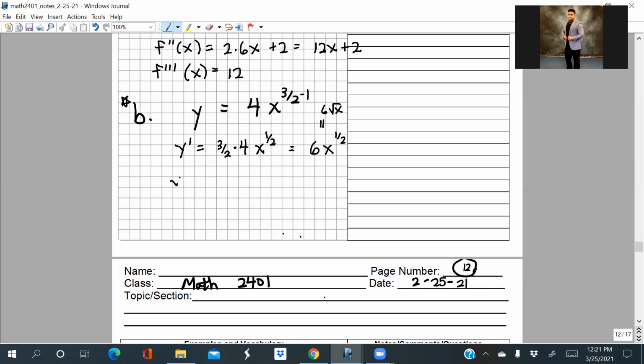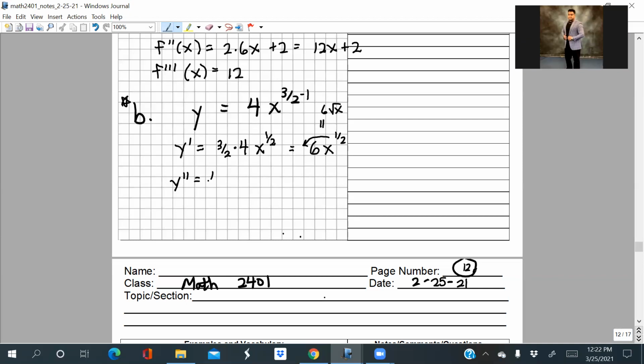But that's not important. So now we find the second derivative, right? Mohammed, so what is the second derivative going to be? The second derivative, I got 3 over x to the power half. I multiplied half with 6.